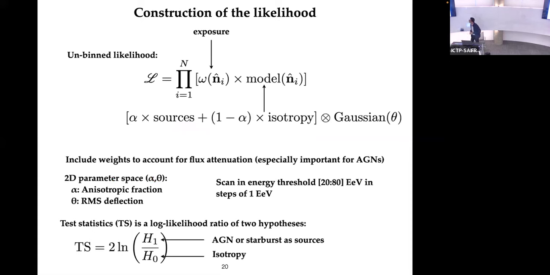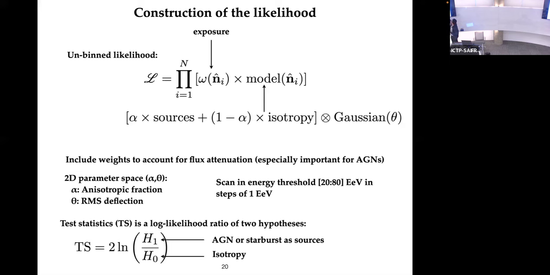And how do we do this analysis? We do an unbinned likelihood analysis. So we have our data distributed in the sky, a sky map with our data, and we build a model to describe that sky map. So what is the model? The likelihood is a product of our model times our exposure, right?